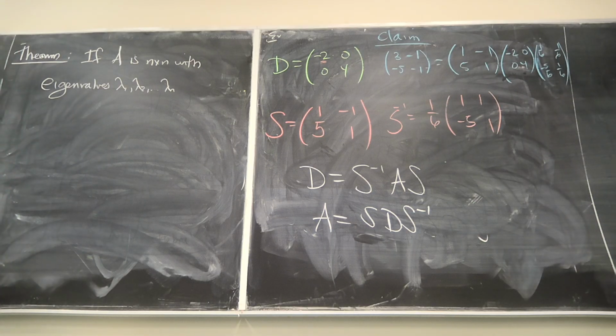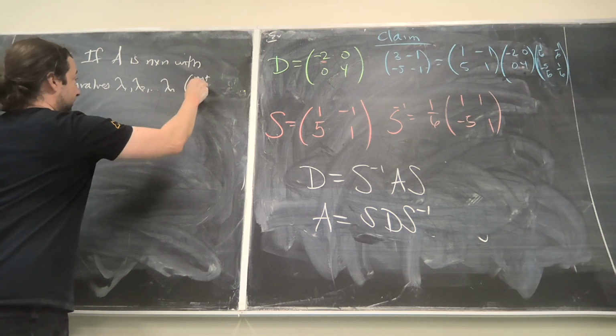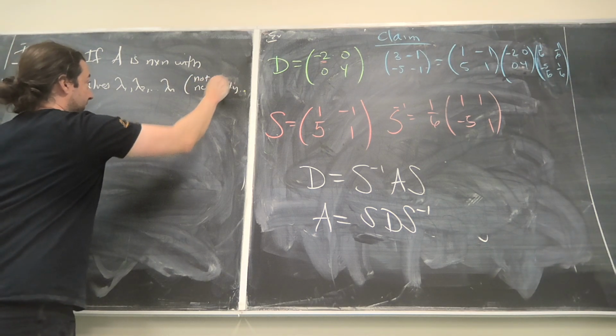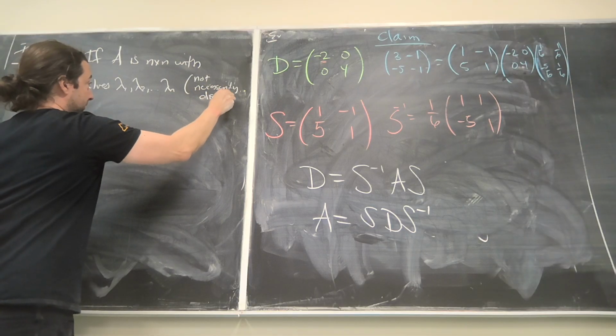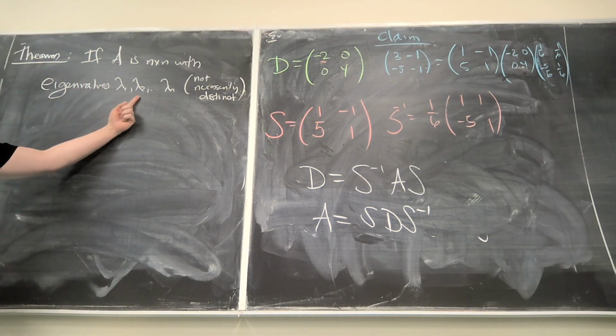I just have to have a list of n numbers. The number of times a particular eigenvalue will appear in this list will be its algebraic multiplicity.